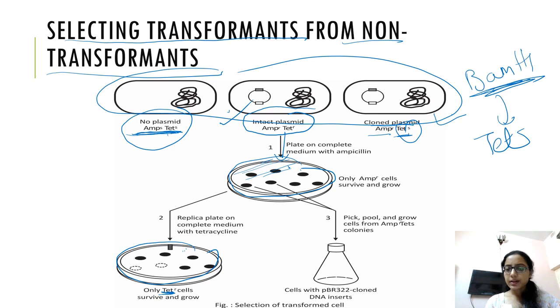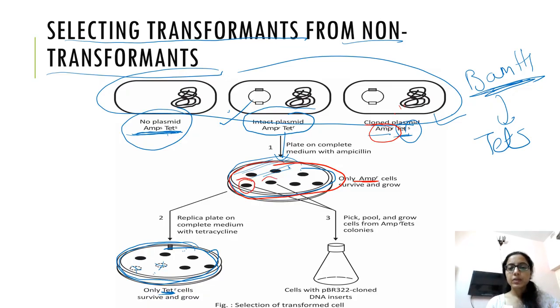So if these are transformants, they should not grow on tetracycline containing media, because they are tetracycline sensitive. They will not grow, they will be killed. So why did we grow on ampicillin containing media? Because this transformant will grow only on ampicillin containing media.